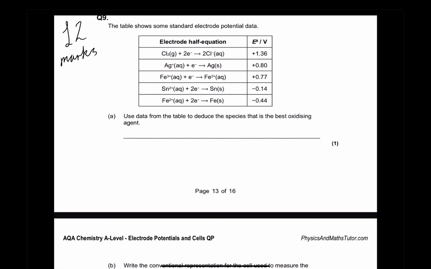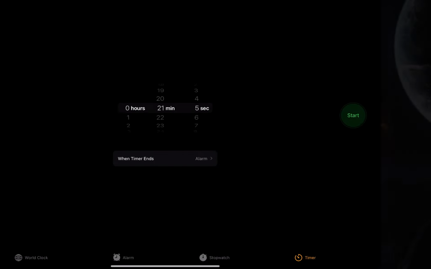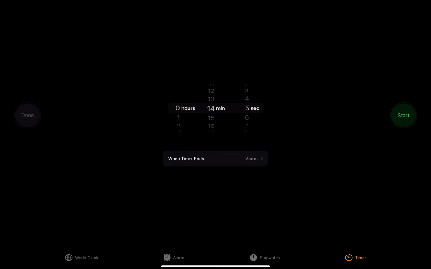All right. So I'm going to put this timer up here for 12 minutes. I'm going to put on my watch as well so I can have a timer that I can see. My aim for this isn't to go through it in the time.